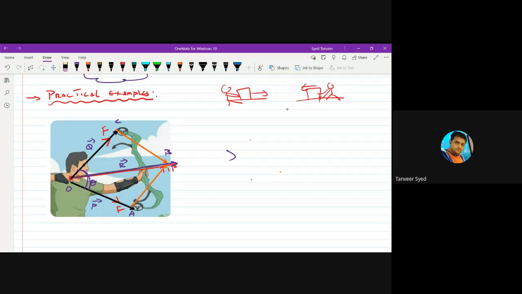One situation. Another situation. Suppose I'll take another picture. You might have used this catapult. Catapult also works on the same principle.